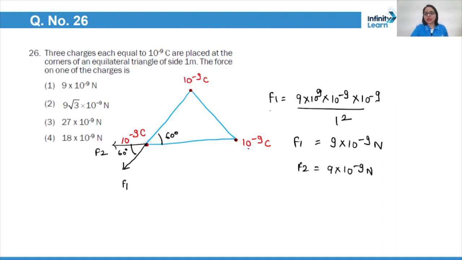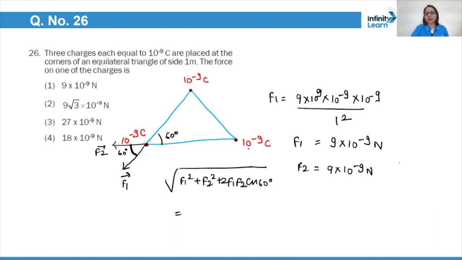You can calculate it, you'll get the same answer, right? So the angle between these two vectors, F1 vector and F2 vector, is 60 degrees. So the resultant force will be under root of F1 square plus F2 square plus 2 F1 F2 cos 60 degree. Cos 60 degrees is 1 by 2, and F1 and F2 magnitudes are the same.